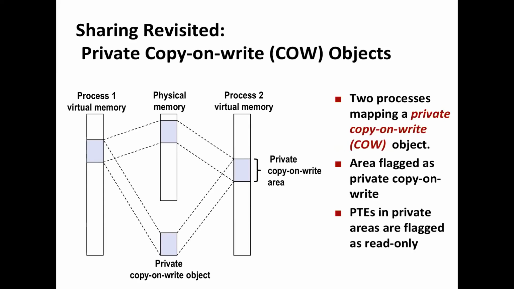Another thing to note is how we can implement things like copy on write. Let's say we have two processes, and there is some private area, maybe some data which we don't know whether it's going to be read-only or something that's going to be modified later. We want to mark it such that if it's modified, it will be copied.